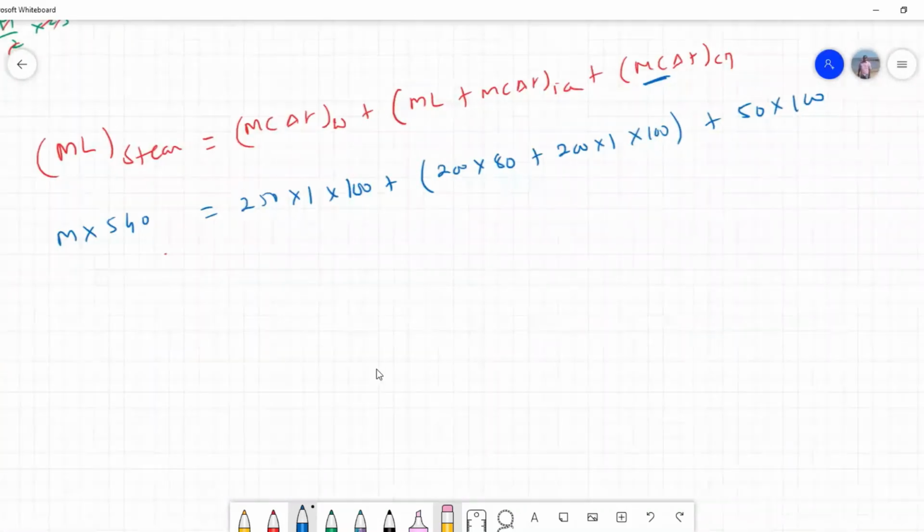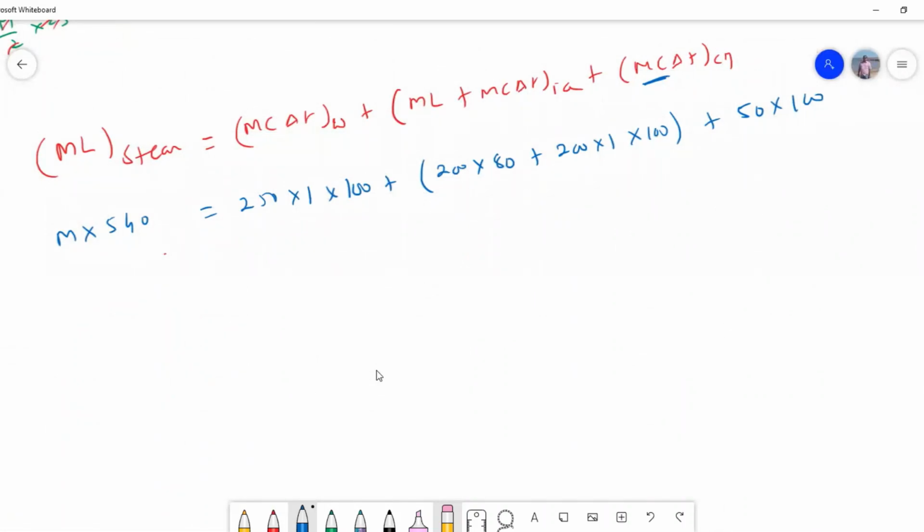So you need to simplify this one. Here, M into 540 is equal to, let's take 100 common everywhere so that the calculation becomes easy. So you are left with 250. If I take 100, 160. And then if I take 100, 200 plus 50. So this is 250, 250 is 500, 660.